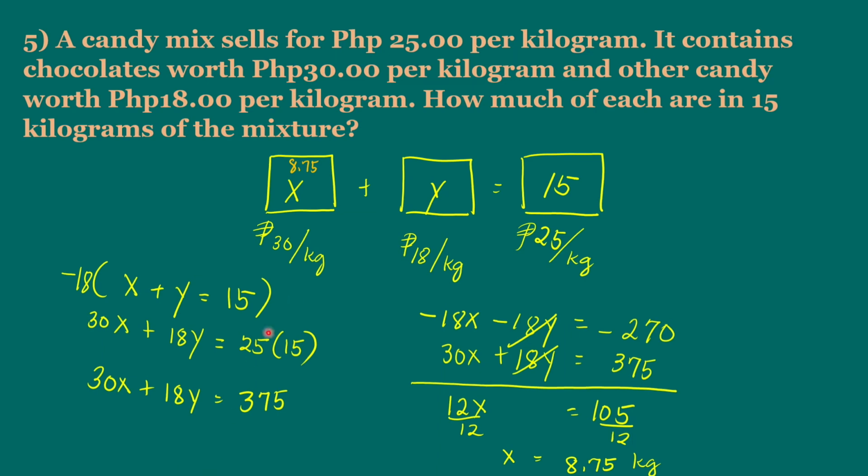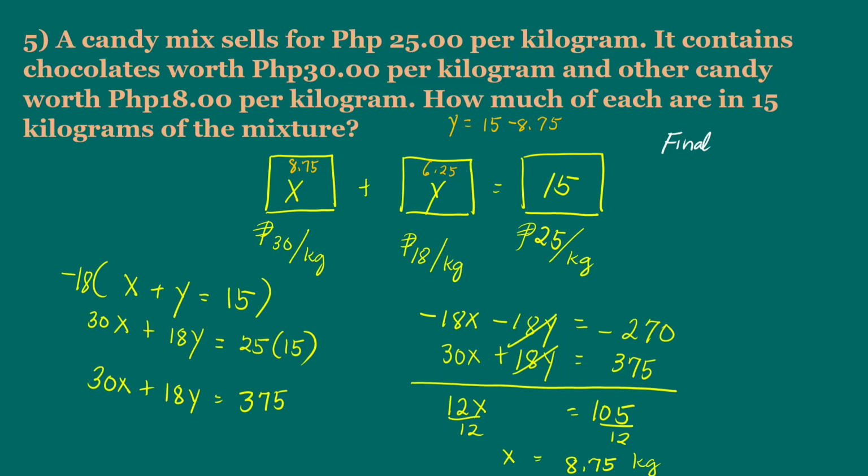So it's just, y variable is just 15 minus 8.75. So that is 6.25. Right? So y is just equal to 15 minus 8.75, which is 6.25. So we can write our final answer.